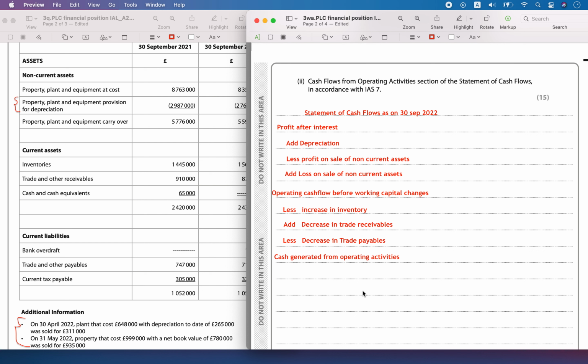After this, I will have to subtract any interest paid, and I will also have to subtract any tax paid.